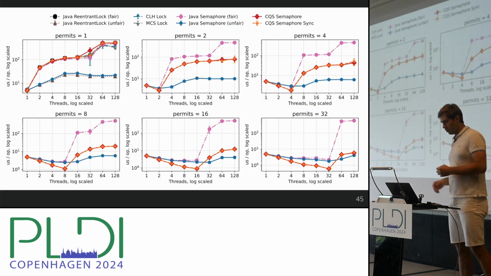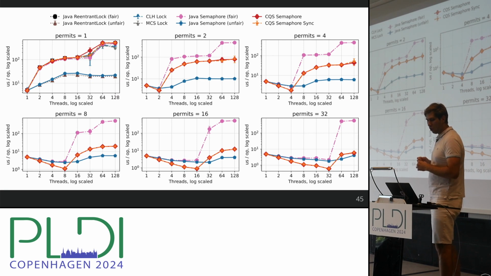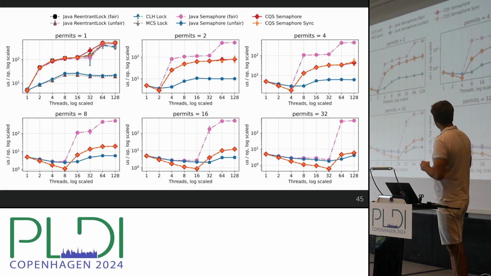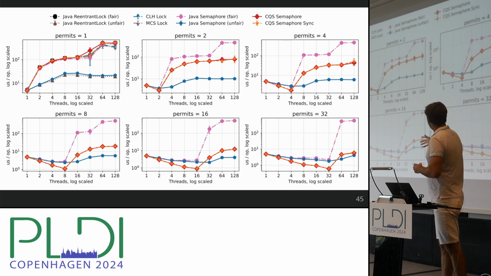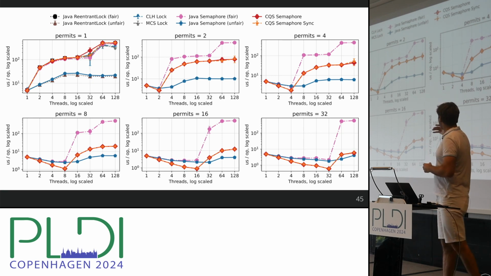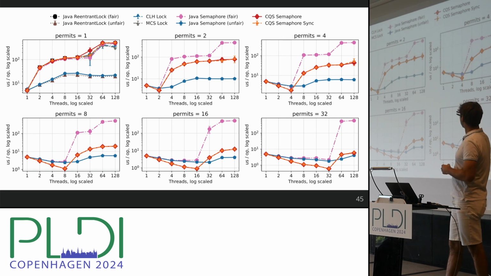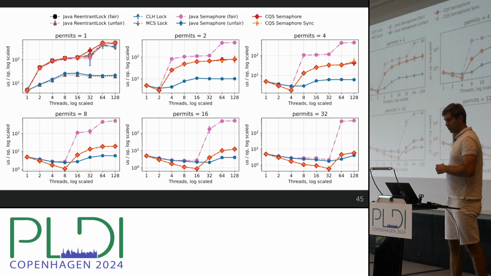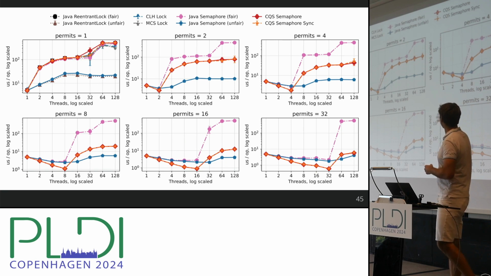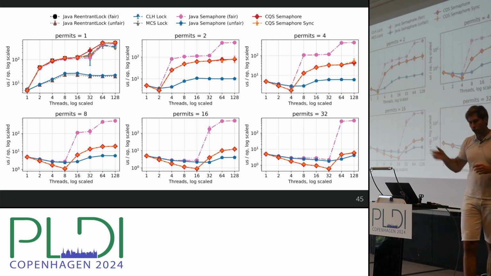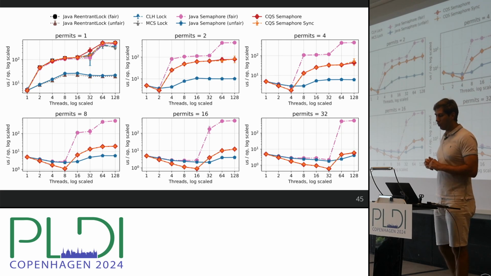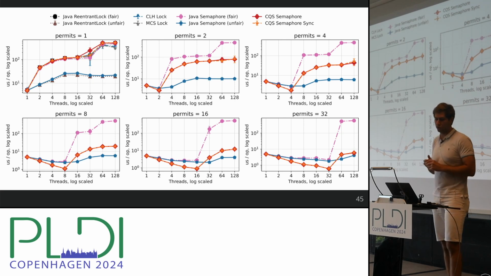And here are the graphs. For the mutex, we also have the classic CLH and MCS locks, and we also have an unfair implementation of the semaphore, and two variations of our CQS-based implementations.